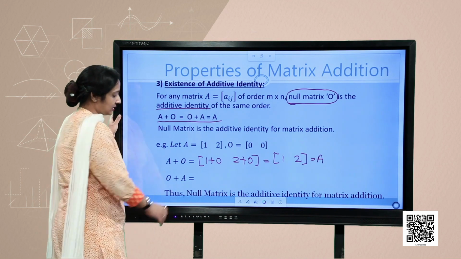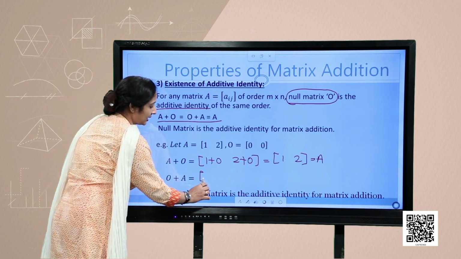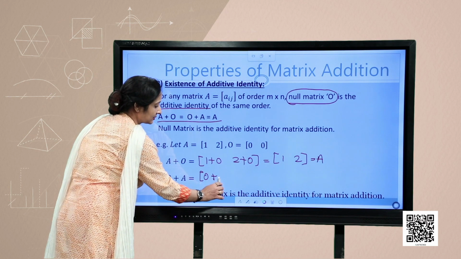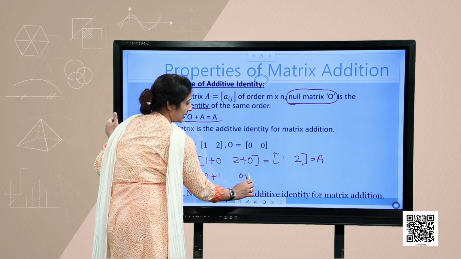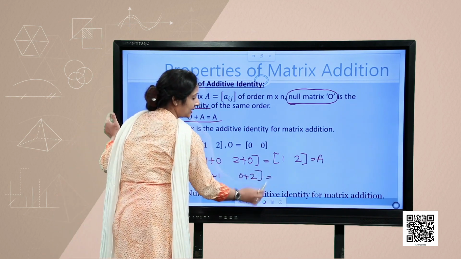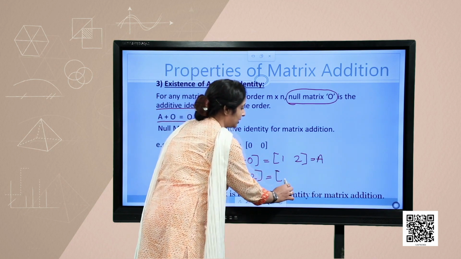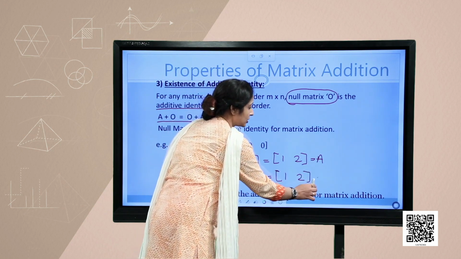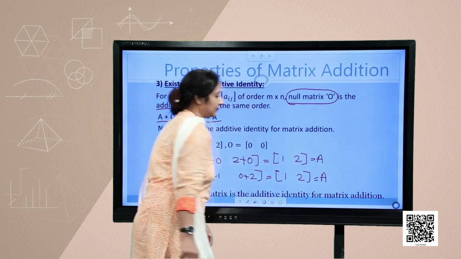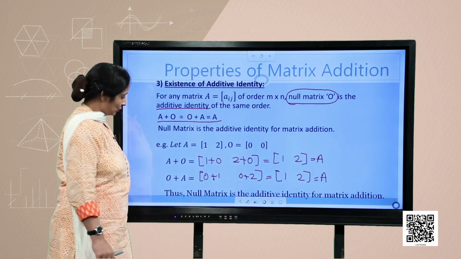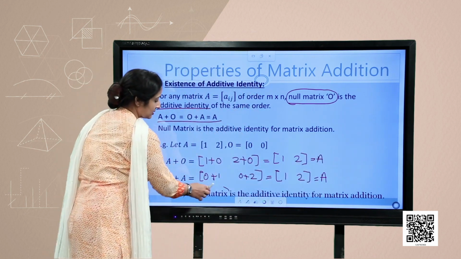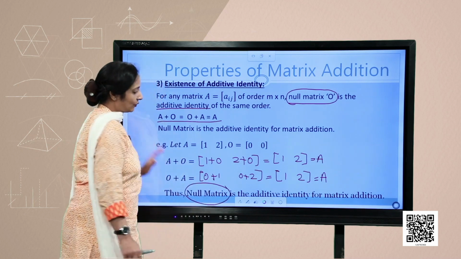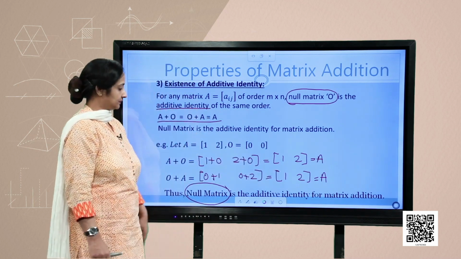For the second case, O plus A, I will write the 0 matrix first and then the A matrix, and my answer is coming out to be 1, 2, which is the given matrix A. That means we can conclude that the null matrix is the additive identity for any matrix A.